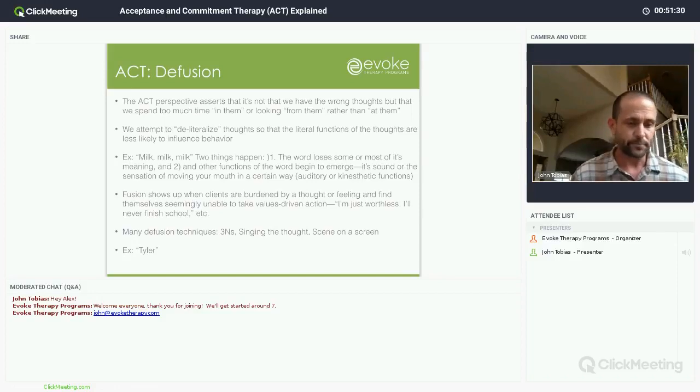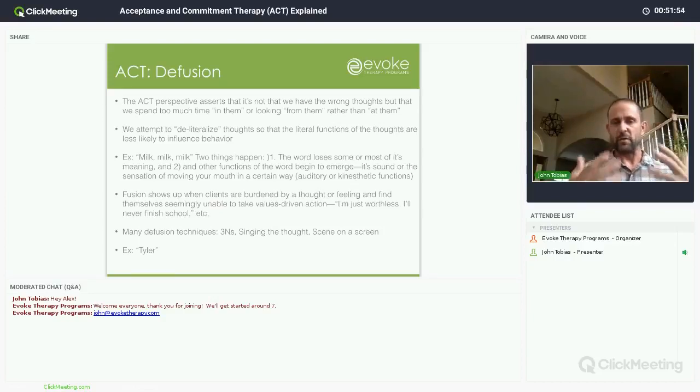And I'll say, there's a slight language piece that's important here. So let's say I notice I'm having the thought that I am worthless. When I'm doing it correctly, I'm saying, I notice I'm having the thought that I am worthless, instead of I notice I am worthless, right?